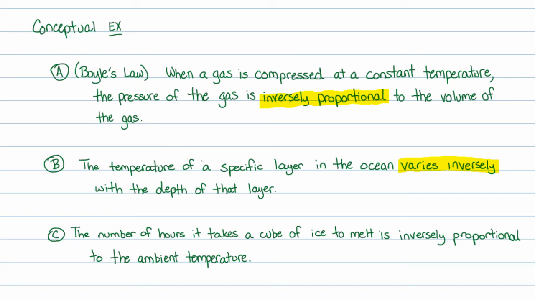Example B here says that the temperature of a specific layer in the ocean varies inversely with the depth of that layer. In other words, as you increase the temperature, the depth is decreased. So if we're only a foot deep into the ocean and you increase the temperature more, that means your depth is less.